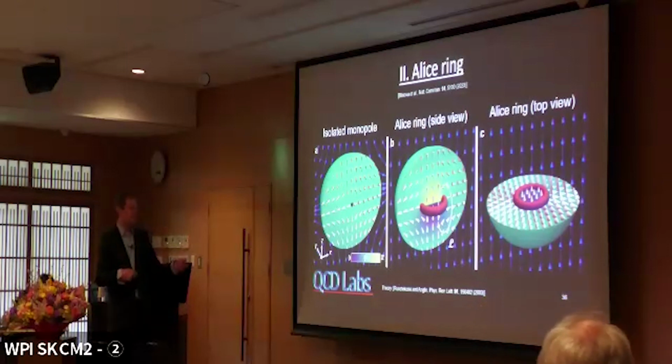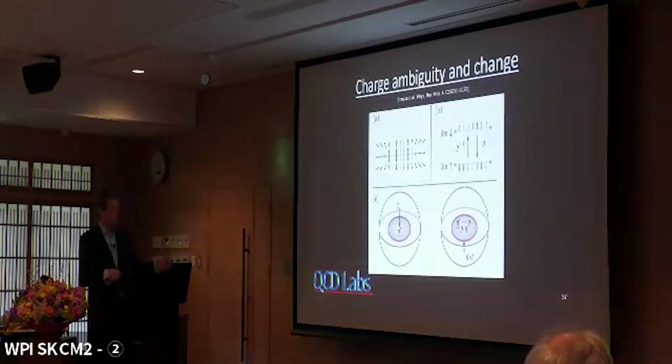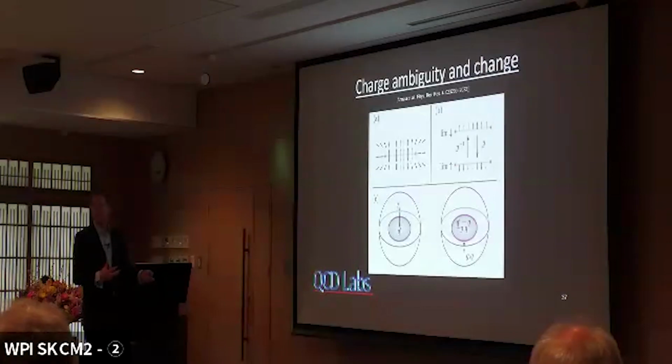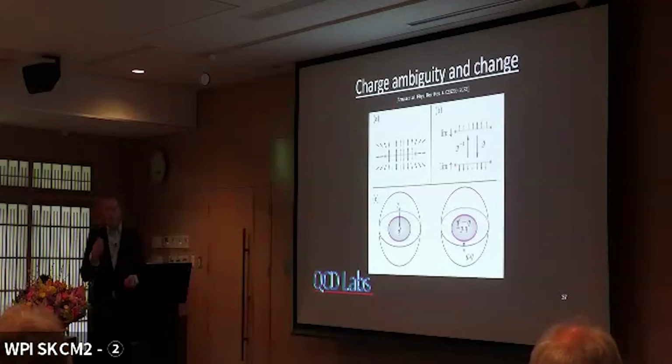So in some sense, if you put a monopole through this ring, the charge is flipped. If you have a +1 and a -1, they basically switch charges when it goes through. And with Tony, we did this map here, and we were able, even in a more general case, to mathematically describe how that charge conjugation happens, and what the charge ambiguity of these monopoles actually is.